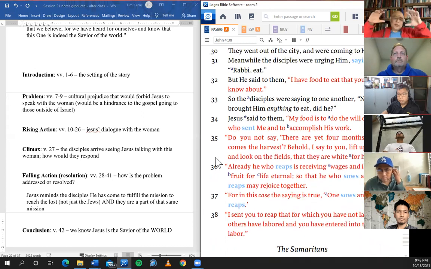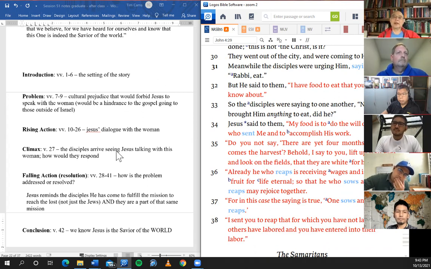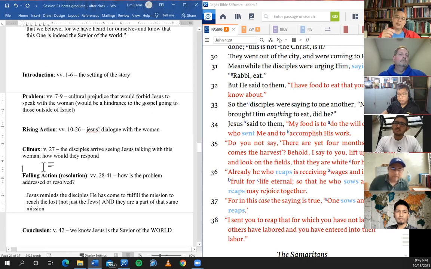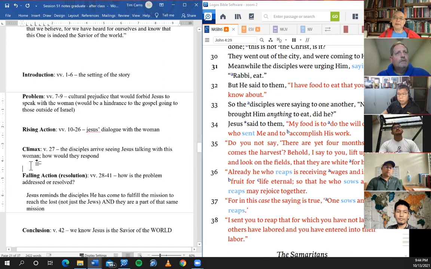This is the high point of the story, when the Lord was telling them about his mission, their mission. So I need to remind myself that the climax is when the problem gets worse, and the falling action is when the problem is being resolved. So I need to get around that.